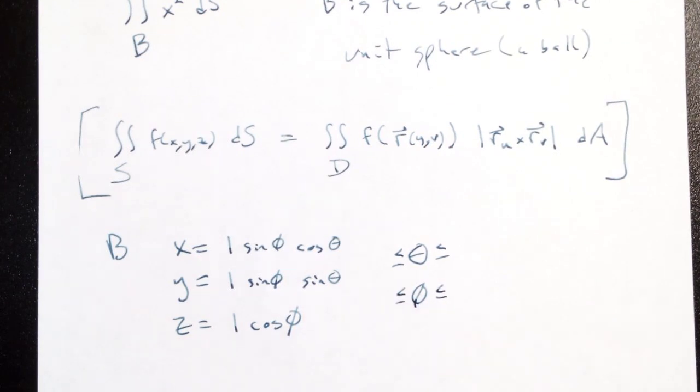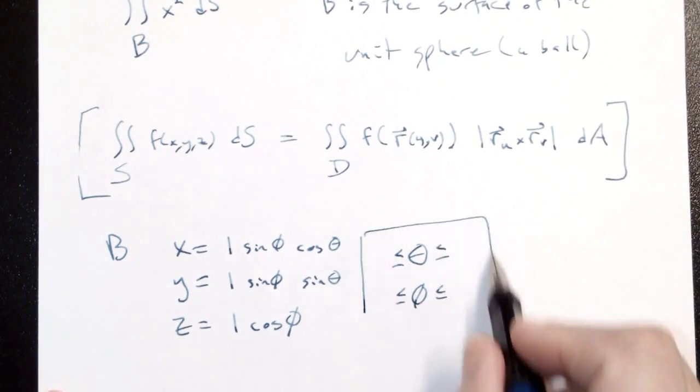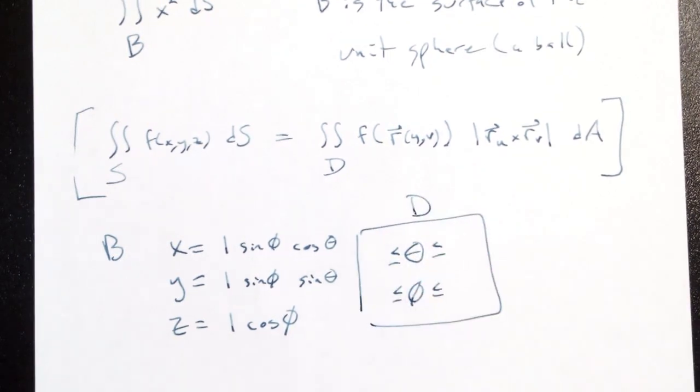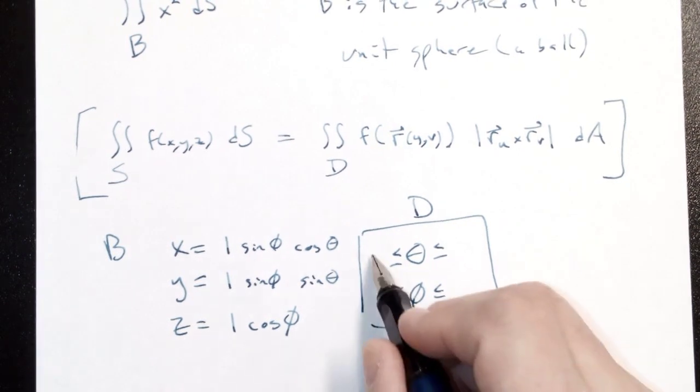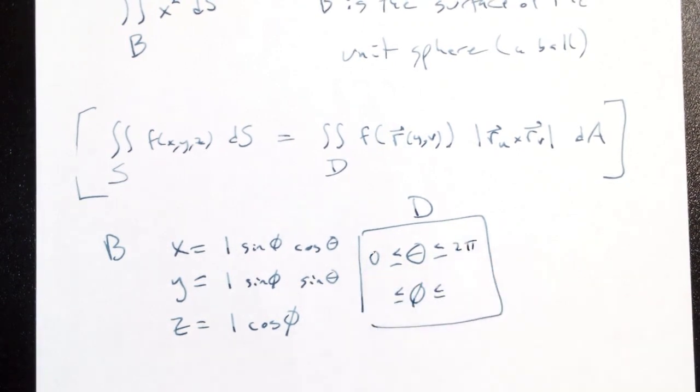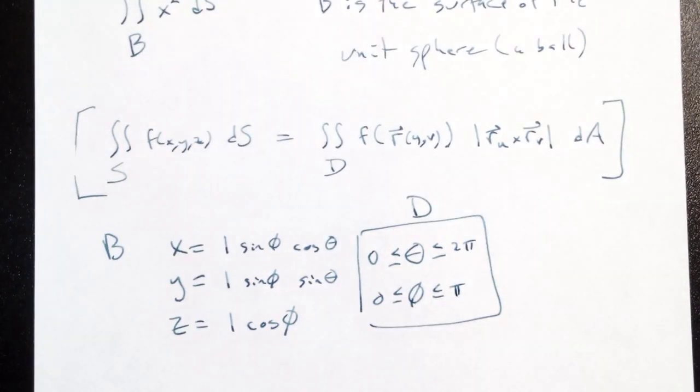All I need to know is what is the range, because that's D. Theta goes from what to what? 0 to 2 pi. Phi goes from 0 to pi. Which means, as far as theta and phi are concerned, this is a box. So I can integrate d theta d phi or d phi d theta.